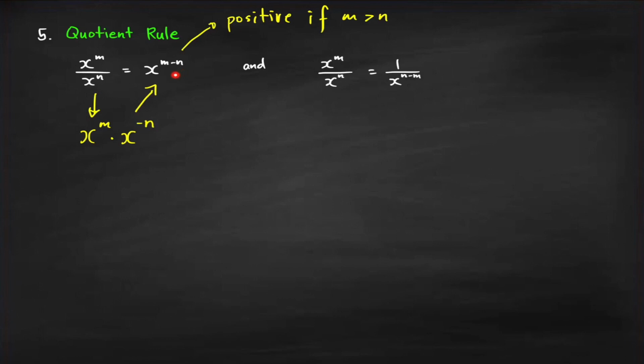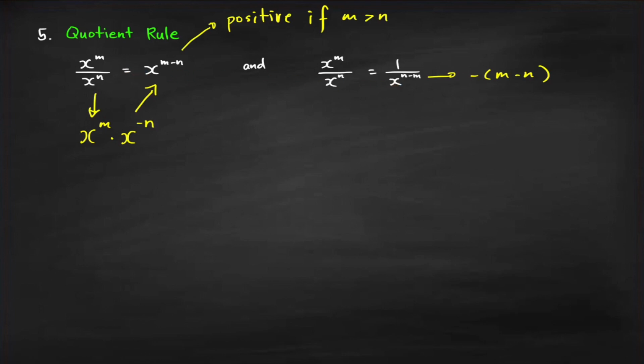But moving this x raised to m minus n to the denominator will actually give you x raised to the negative of m minus n. And the negative of m minus n is actually equal to n minus m. So this n minus m here is the negative of m minus n. So as you can see, both of these expressions are equivalent.